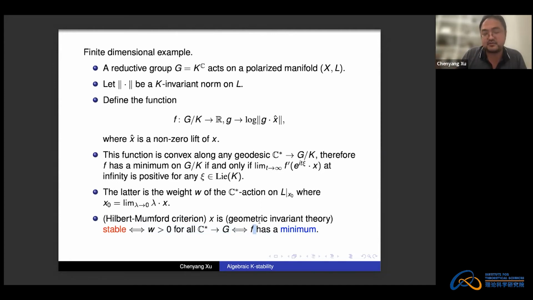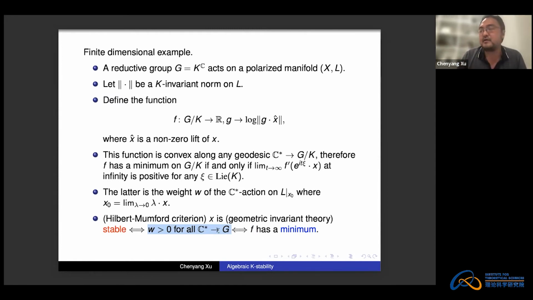So this seems to be a completely analytic condition that is equivalent to some sort of algebraic condition. There are two algebraic conditions. The first is given by this one parameter subgroup description, and by the Hilbert-Mumford criterion, there is a nicer way to say this, which basically says x is GIT stable.